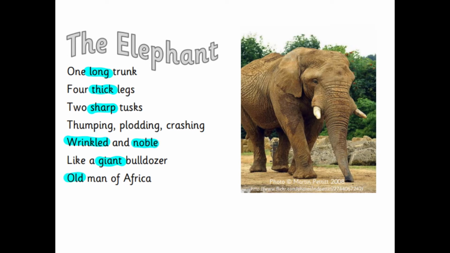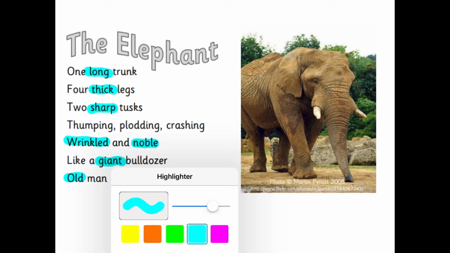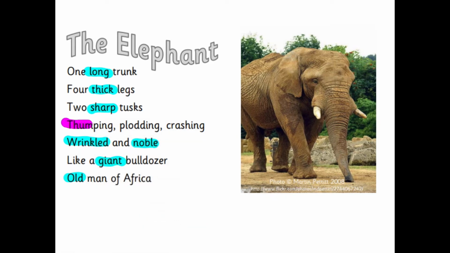So there's lots of adjectives in there, but there are also some really good verbs. So we've got thumping, plodding, and crashing. That describes his movement. And remember, because it's a poem, it can break the rules.